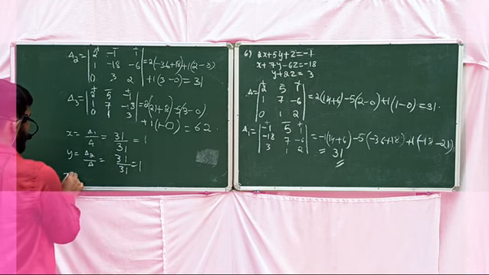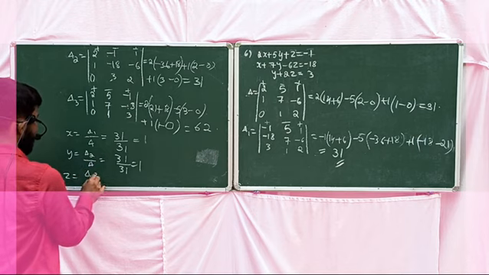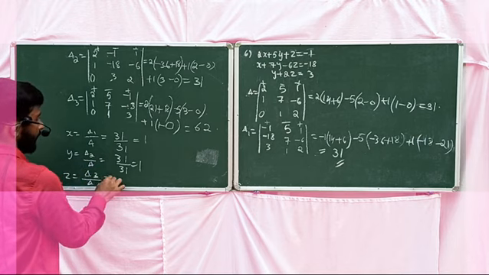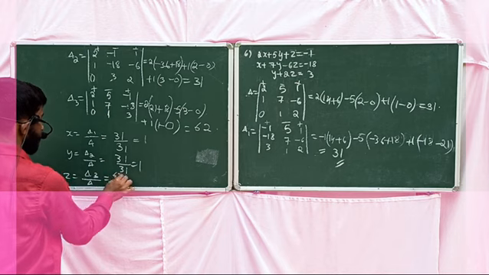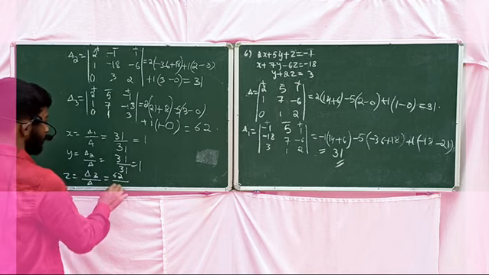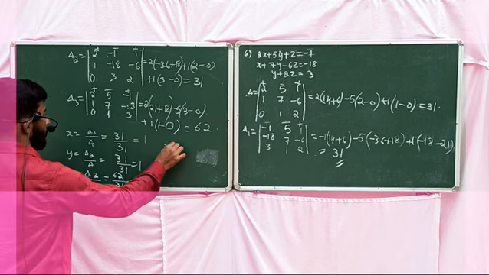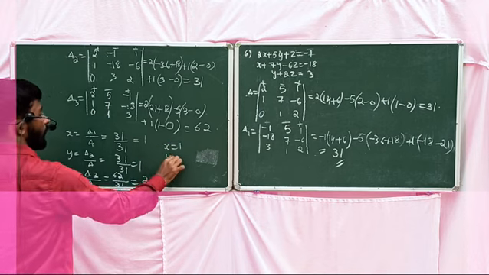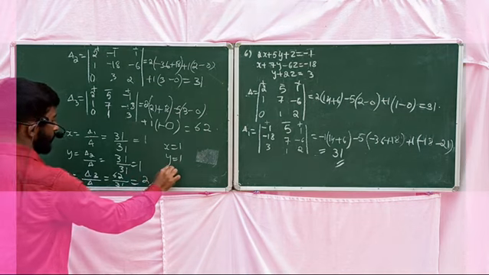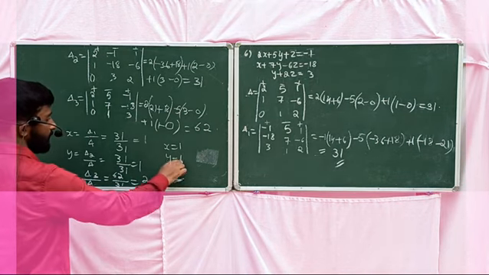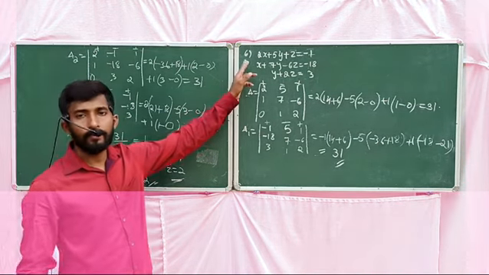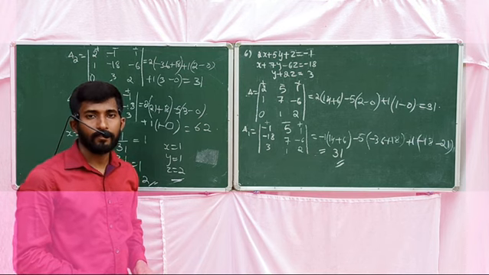Then z value is equal to delta 3 divided by delta. Delta 3 value is equal to 62 divided by delta value is equal to 31, it's equal to 2. Therefore, x value equal to 1, y value is equal to 1 and z value is equal to 2. These are the solutions for the given system of linear equations.